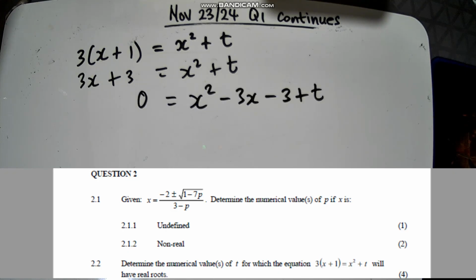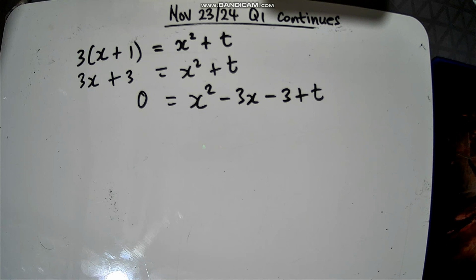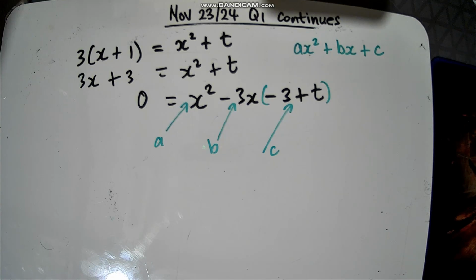Now remember that a quadratic equation is ax squared plus bx plus c. So this means the a value is going to be 1, the b value is going to be minus 3, and the c value is going to be minus 3 plus t. We will then substitute these values into delta, right?